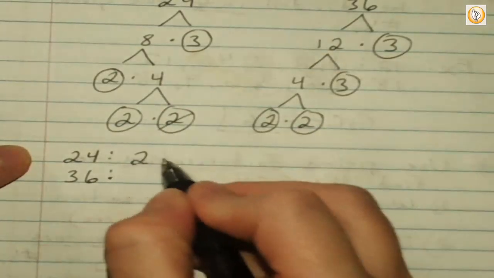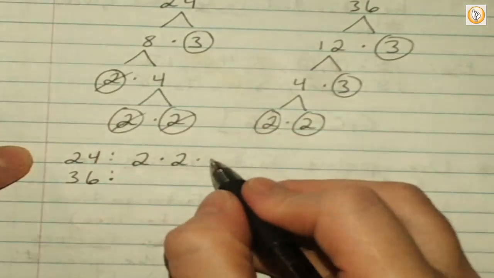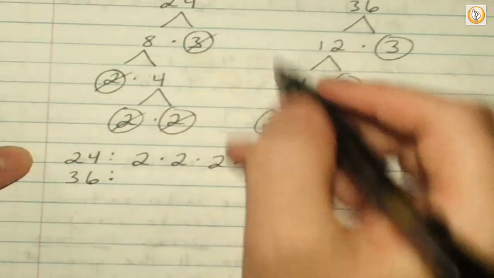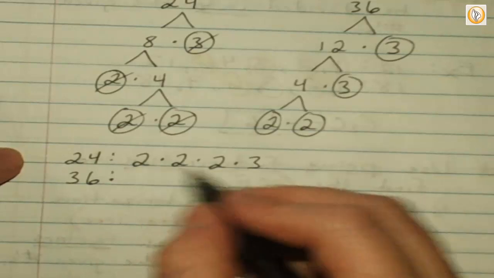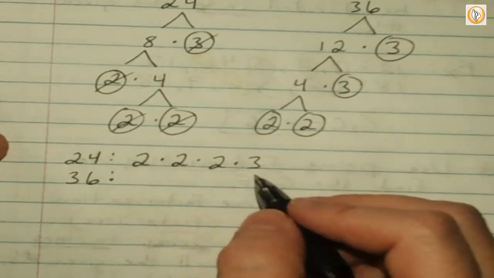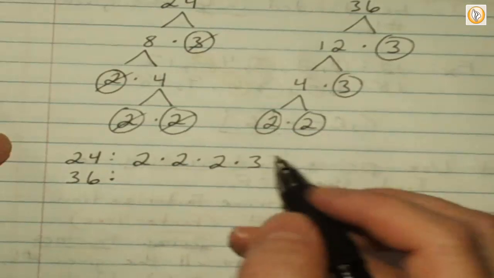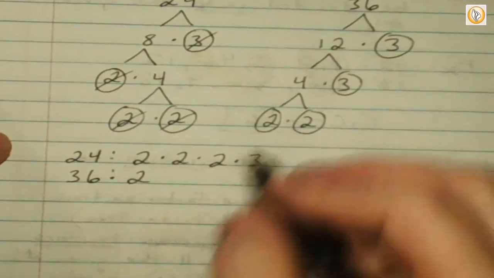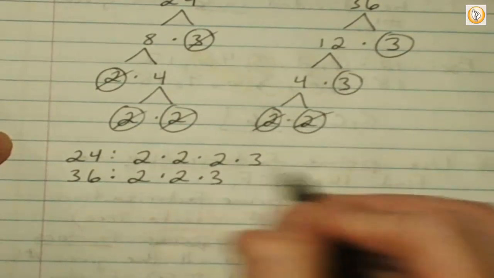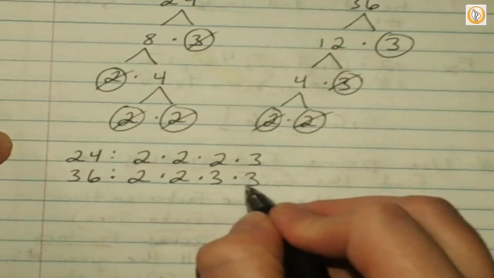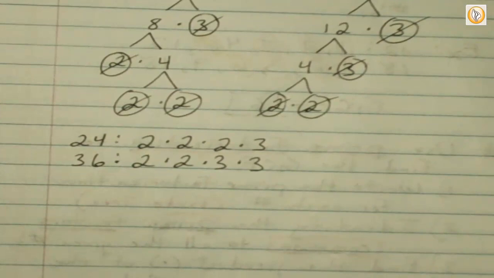So here we go. 2 times 2 times 2 times 3. Or 2 to the third power. No, we're not doing that right now. You don't write it in exponential form right now. And then this one. Remember to cross it out when you write it. 2 times 2 times 3 times 3. Make sure you have that.